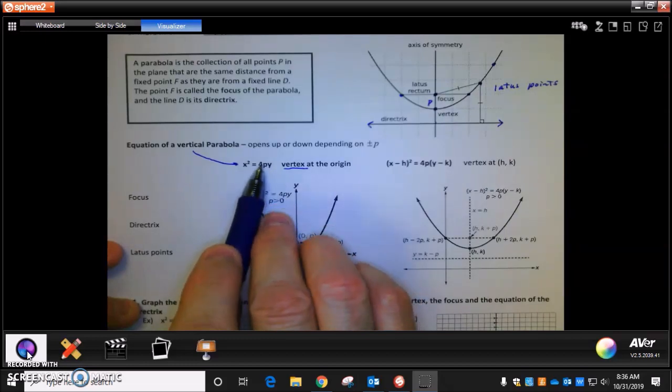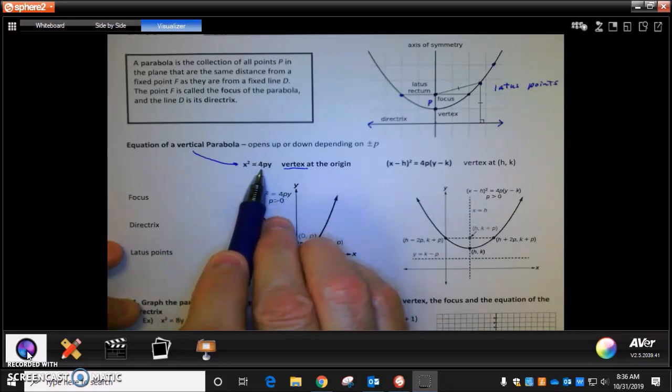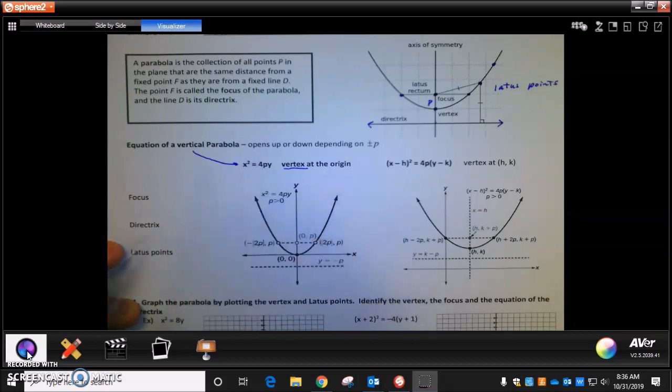So the first thing you do is you're going to see a number right here. We're going to rewrite this number as 4 times something, because that something, that p, is how we're going to find the other parts of our parabola. Okay, so you need to know 2 things, literally.